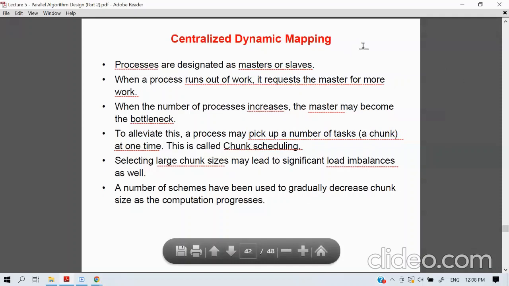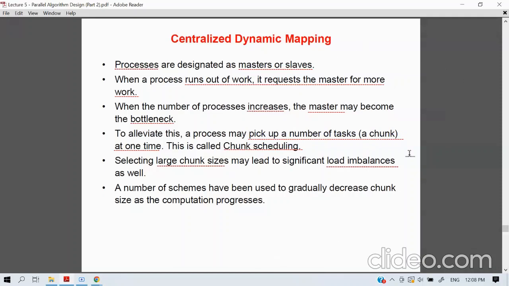So centralized, it must have one controller to control all the processes.